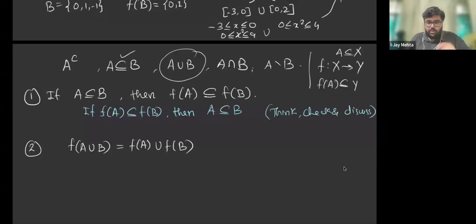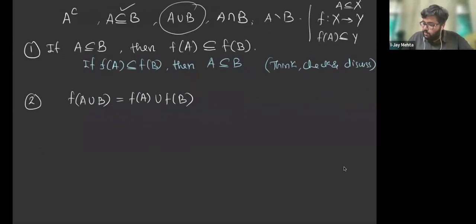Okay, think about it. Now we want to check this. What happens with the union? How do we show this? Any idea? I'm not asking for the proof, I'm asking how to proceed. What is the meaning of showing that these two things are equal? What are these two things? Charvi?